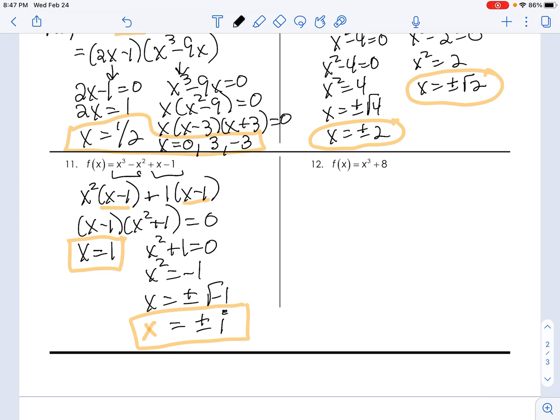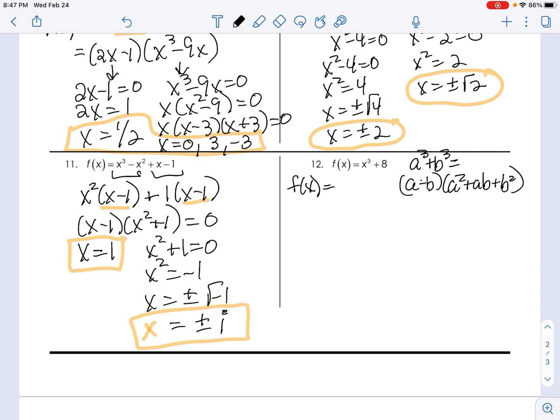Okay, the last one is our good old cubic polynomial. And we need to factor it. So let's remind you of that. How do we factor the cubic, right? Remember, a cubed minus b cubed factors into a minus b, a squared plus ab plus b squared.